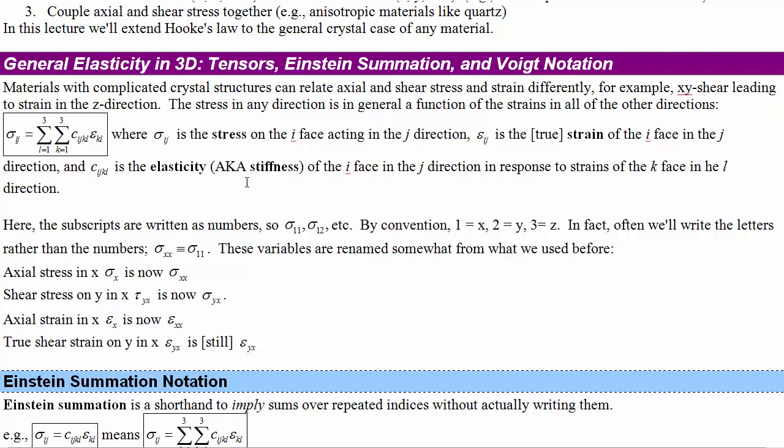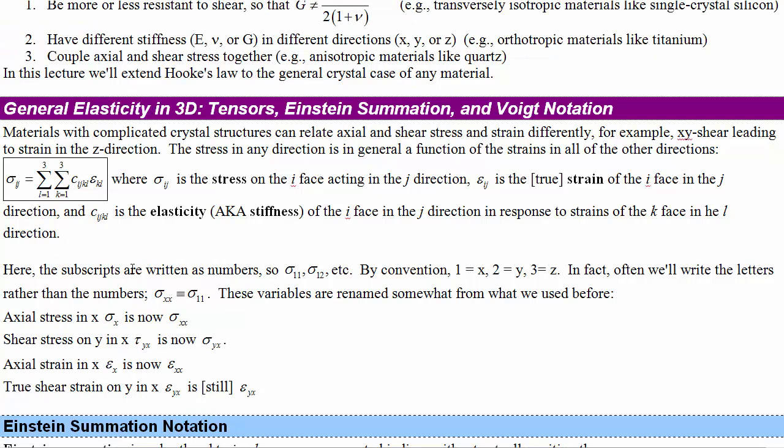C is the elasticity on the i face in the j direction in response to strains on the k face in the l direction. So C_ijkl maps strains on the k face in the l direction to stresses on the i face in the j direction. We wrote the subscripts as numbers, but 1s mean x, 2s mean y, 3s mean z.